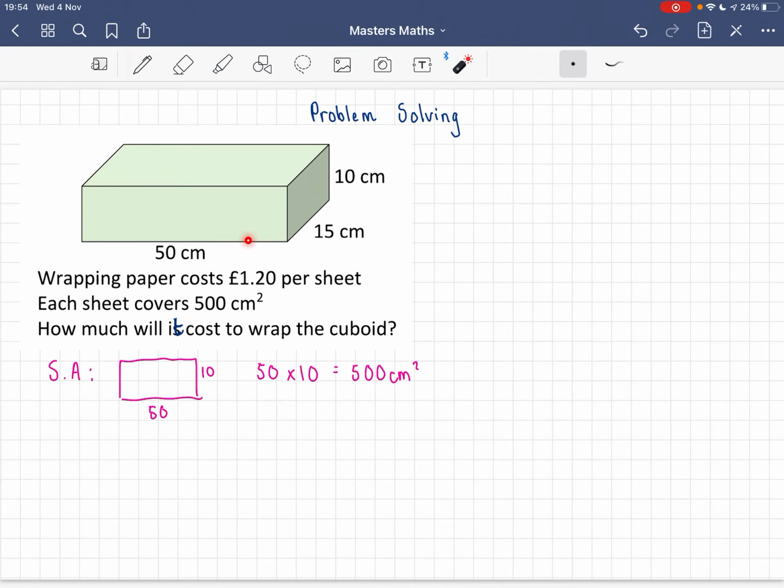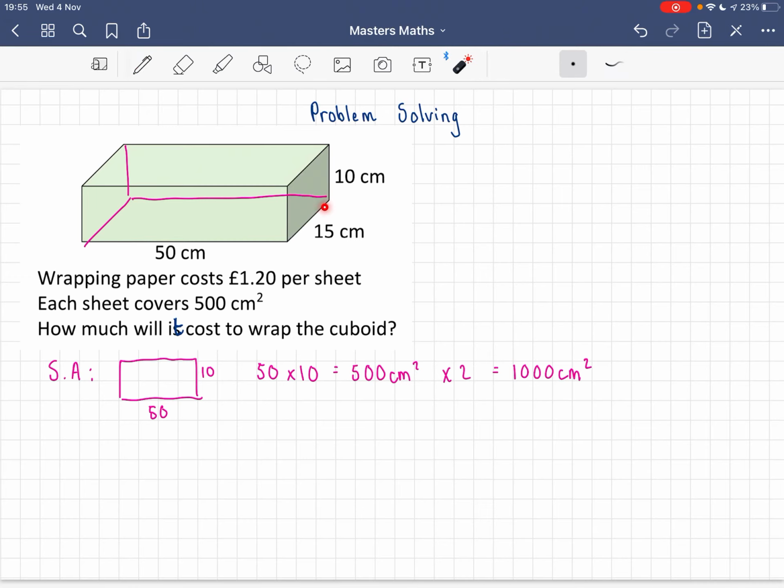Remember that the front and the back are the same area, so we need to multiply that by 2. So we have 1,000 centimetres squared so far, in terms of our area.